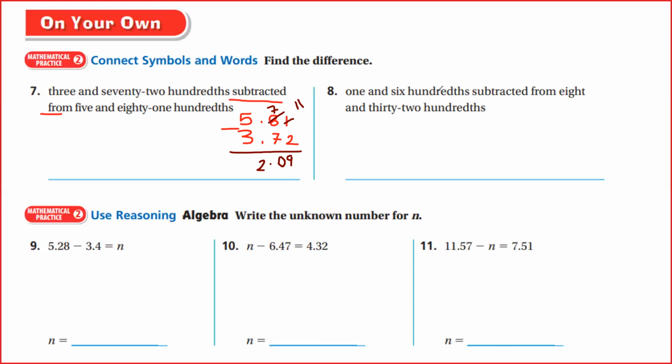So the first one is 1. 6 hundredths. How do you write it? Is it 1.6 or 1.06? 06. Bravo. It's going to be 1.06.